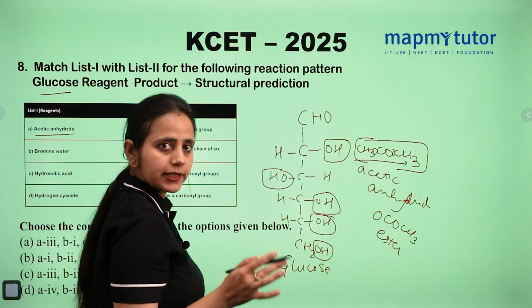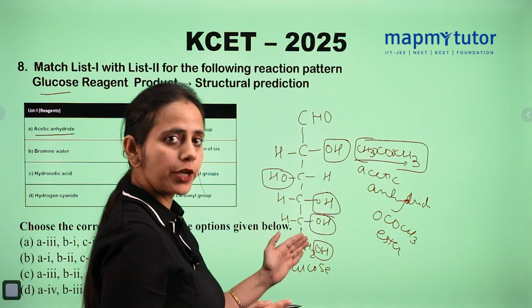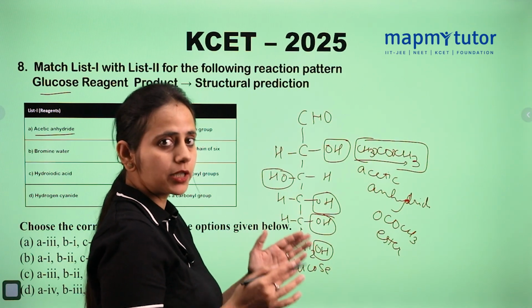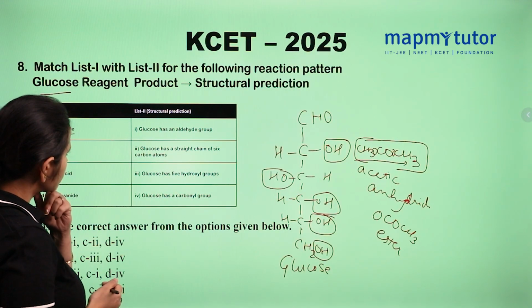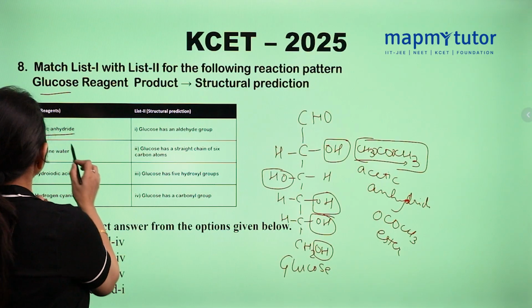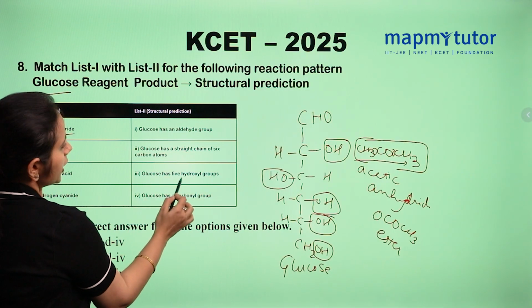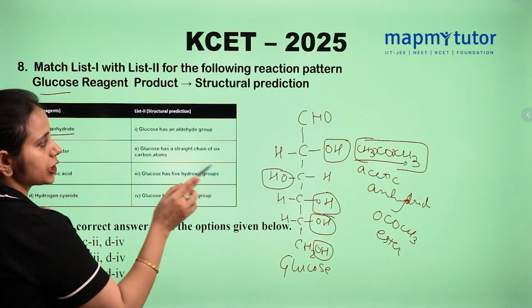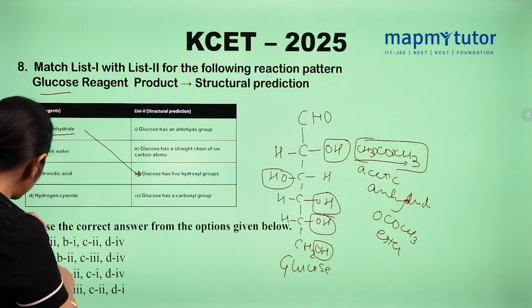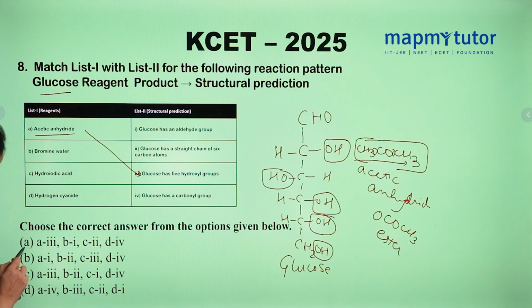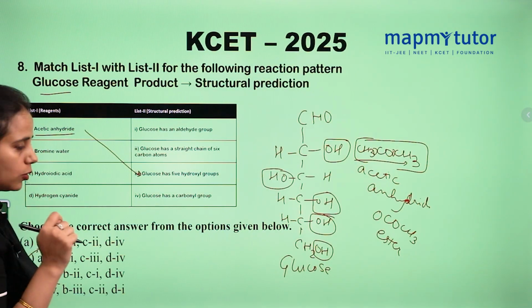So by reaction of acetic anhydride with glucose, all the OH groups convert into ester groups. Glucose has 5 hydroxyl groups, which we can predict from this reaction. So A will match with 3. Is there any option like that? Yes, in options A and C, A is with 3. So we can rule out options B and D. Only 2 options remain to search.